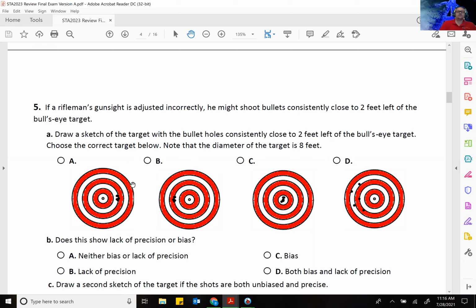All right. So if a rifleman's gun sight is adjusted incorrectly, he might shoot bullets consistently 2 feet to the left of the target's bullseye. Just so you know, each ring is a distance of 2 feet, because the whole diameter of the target is 8 feet. Actually, sorry, wait a minute. 1, 2, 3, 4, 5.